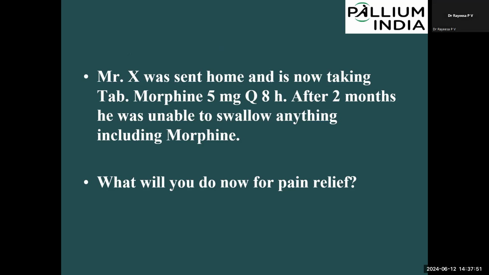Ma'am, if the patient is on a Ryle's tube, can we give the morphine through that, making it as powder? Is there any difference in action? Thank you, Dr. Aisha, for that question. Yes, if the patient is on a nasogastric tube, the patient can be given the powder preparation.